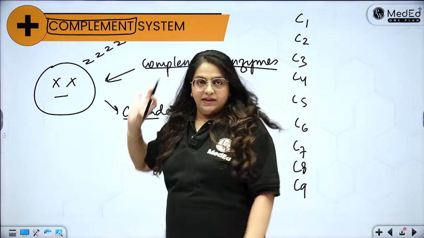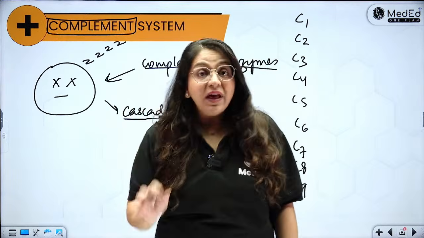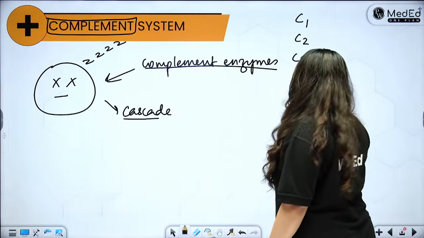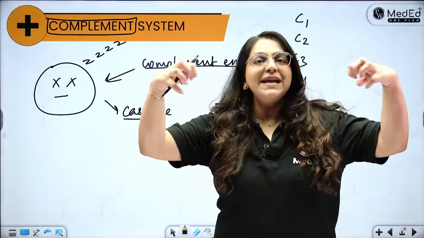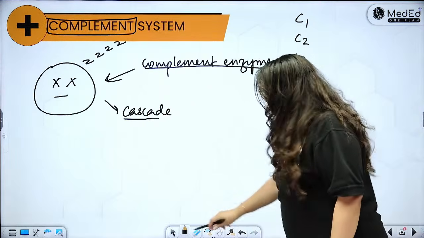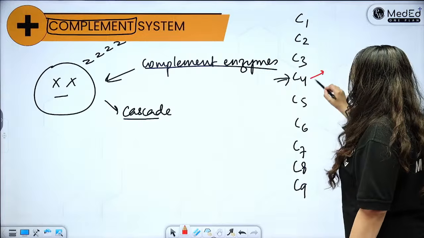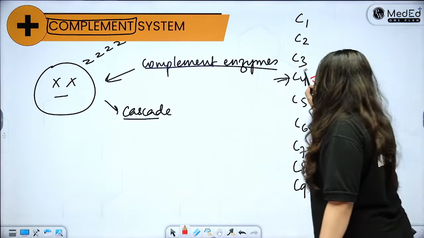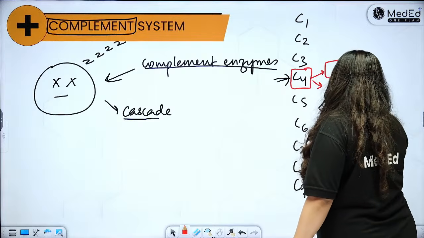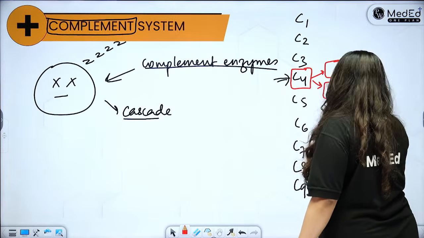Now whenever they get a kick, suppose C4 got a kick. When C4 gets a kick, it breaks into 2. Whenever one complement gets a kick, it breaks into 2 portions, a big segment and a small segment.